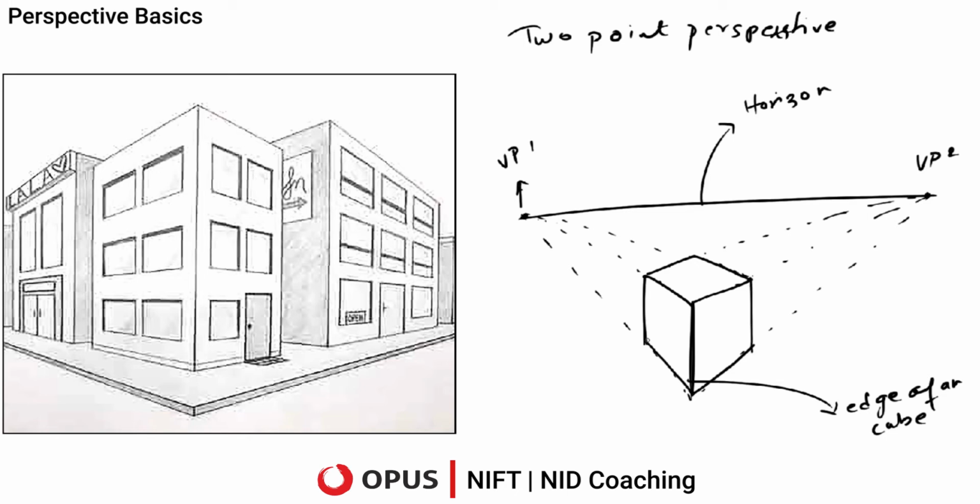Okay, so the major characteristic of any two-point perspective drawing or view is that we are always going to see the objects from its edge, that is from here, which is in stark contrast to any one-point perspective viewpoint where we see the object from up front, that is, the face itself.